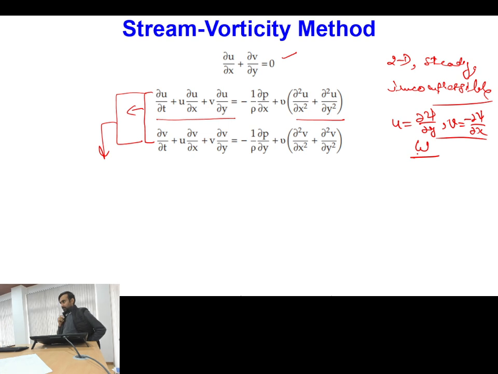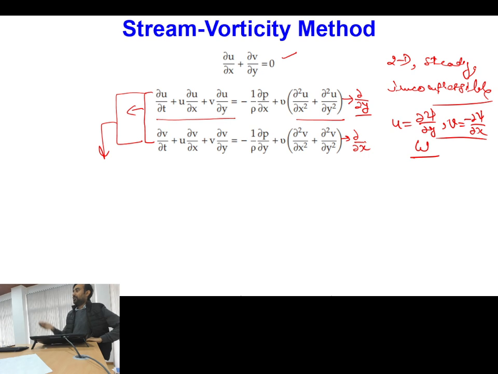So what I will do, this is my x momentum equation. I will take the differentiation of this x momentum equation with y, and I will take the differentiation of the y momentum equation with x. Okay, and so this is nothing but identical to the divergence operation on this.